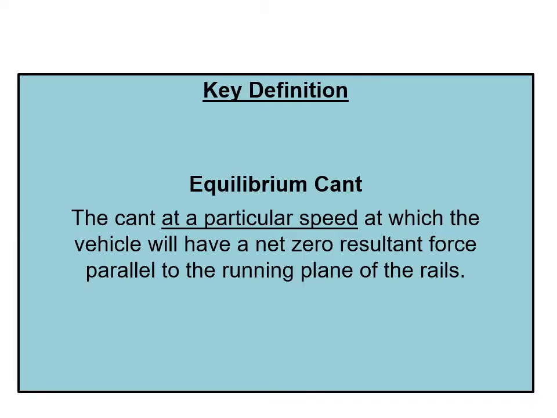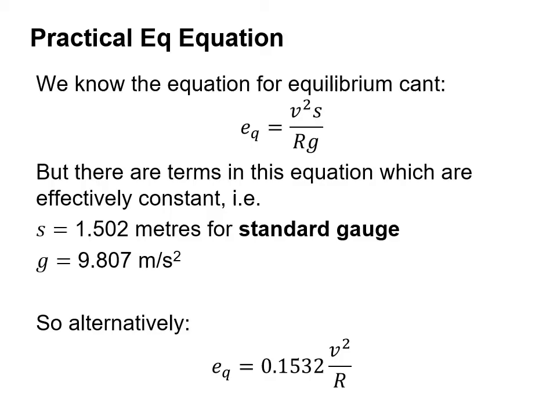So equilibrium cant is the cant at a particular speed at which the vehicle will have a net zero resultant force parallel to the running plane of the rails. So we've shown the equation for equilibrium cant, but there are terms in this equation which are effectively constant, i.e. the standard gauge and the value of gravity.